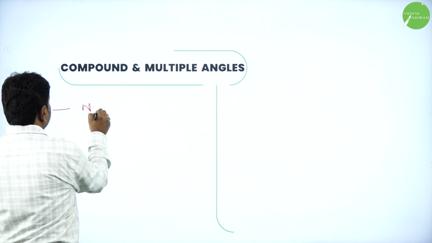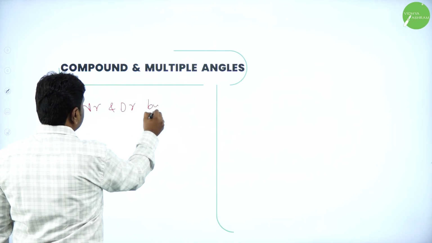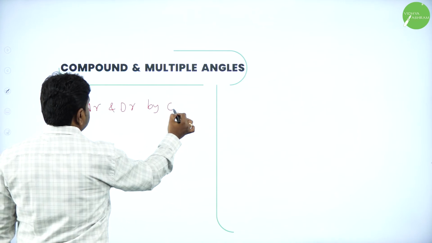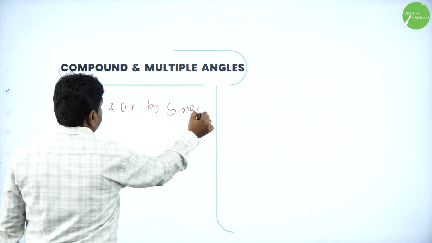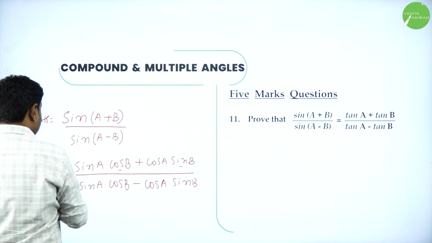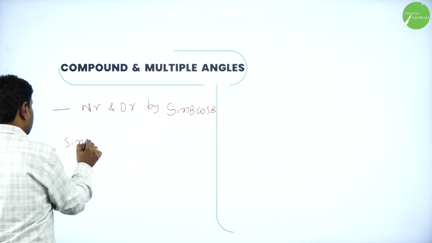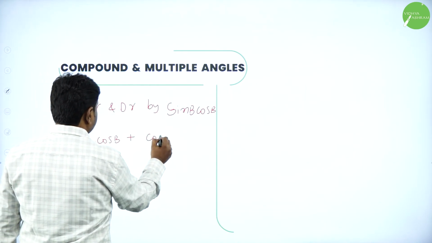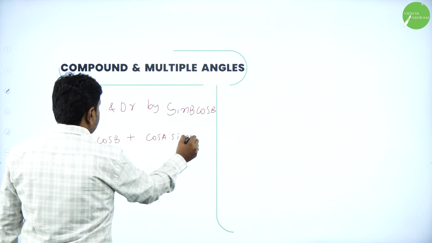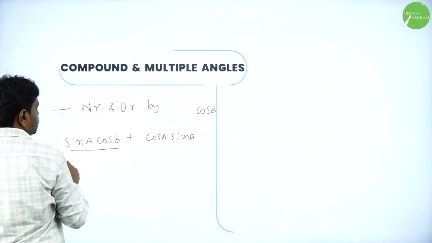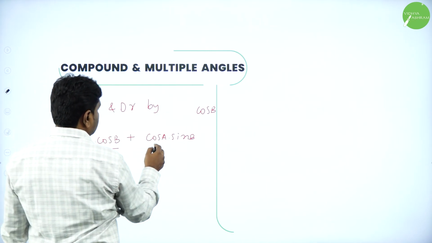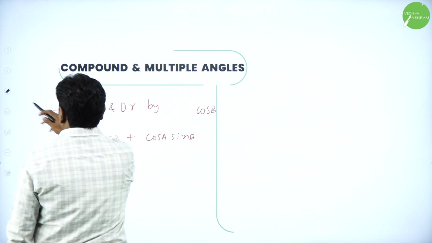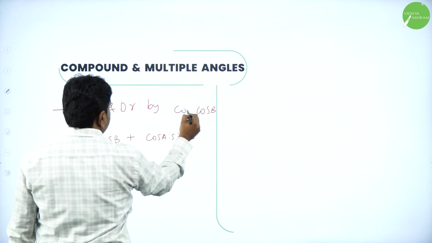Divide numerator and denominator by, here we should eliminate cos B, here sin B. So, divide by sin B cos B. So then numerator is sin A cos B plus cos A sin B. So dear students, we want to eliminate cos A, but we want at the same here sin B. We want to eliminate cos A cos B, divide by cos terms, divide both sides by cos A cos B.